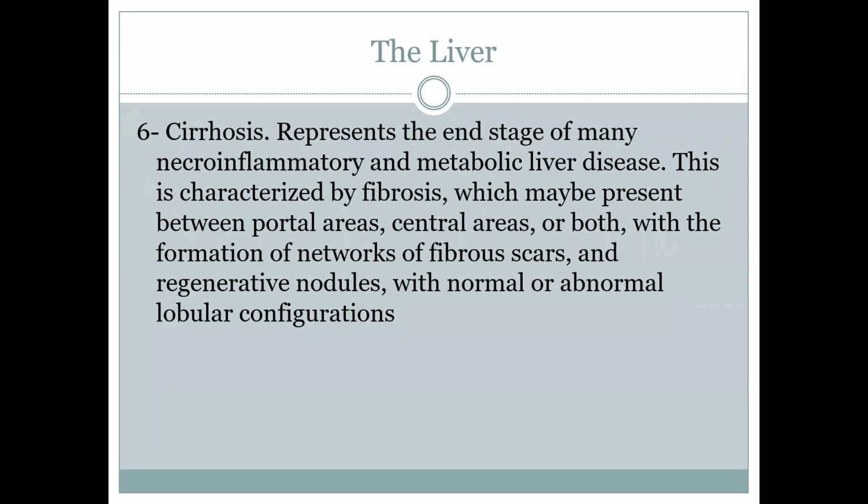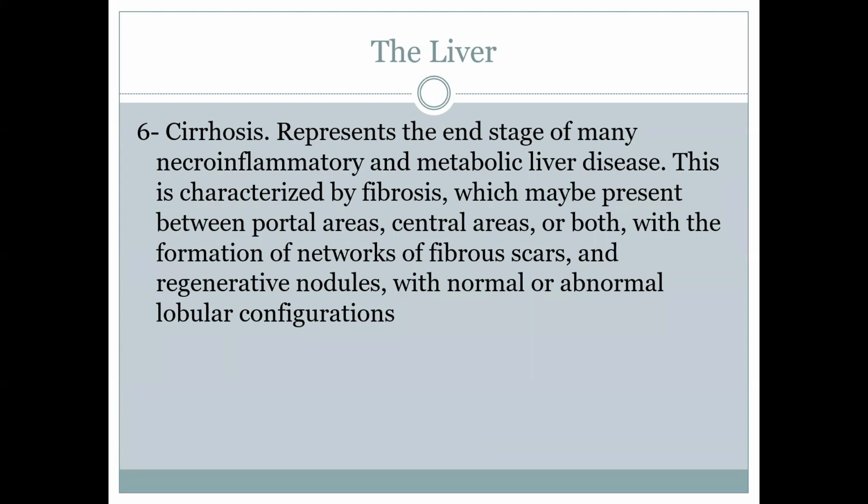structure that is divided, crisscrossed, if you will, by fibrous septae, resulting in its division into nodules. Each one of those nodules is going to be surrounded from all sides. So the boundary of this nodule will be the fibrous septae, and inside those nodules will be those regenerating groups of hepatocytes.